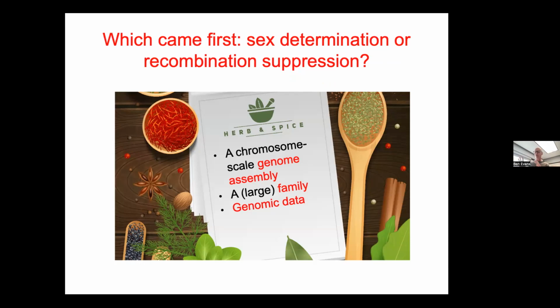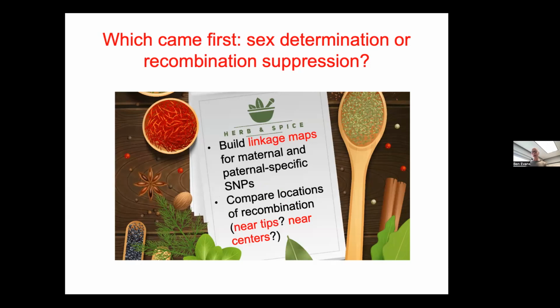And we can take advantage of the same data that we use to map sex determining regions to do this. We begin with a chromosome scale genome assembly, and we also have a large family that we've raised, with individuals, parents, and also offspring of known sex. And then we have reduced representation genome sequences that allow us to build linkage maps for SNPs, or single nucleotide polymorphisms, that are found only in the mother, and then those that are found only in the father.